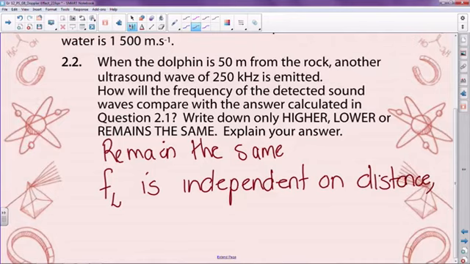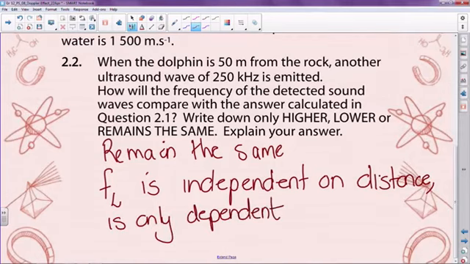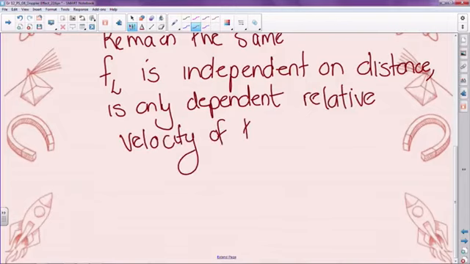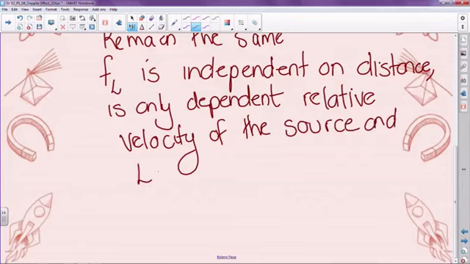All you can tell me is that it only depends on the relative velocity or speed of the source and the listener or observer, either way.